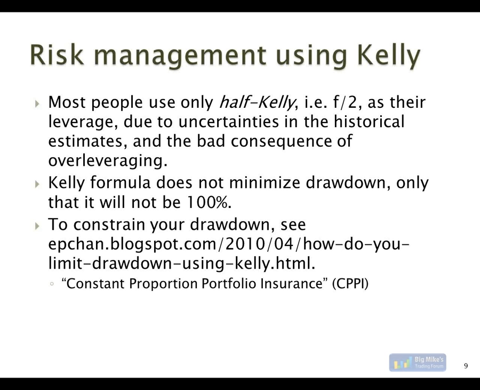Do you reduce both A and B by the same amount so that you could still fit within this 6 times leverage maximum? Unfortunately, the answer is no. If you want to achieve maximum growth rate, you should just drop strategy A and just trade strategy B. So you should only pick the strategy that has the highest return if you have a constraint on the maximum leverage you can deploy, either because of the brokerage limitation or because of capacity limitation.